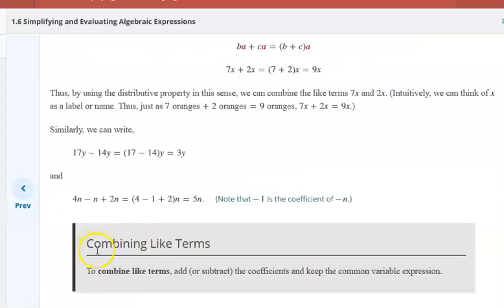A summary statement that you may want to put in your notes. How do you combine like terms? We add or subtract the numerical coefficients and keep the common variable expression. We don't change the variable part or its exponent when we add or subtract.